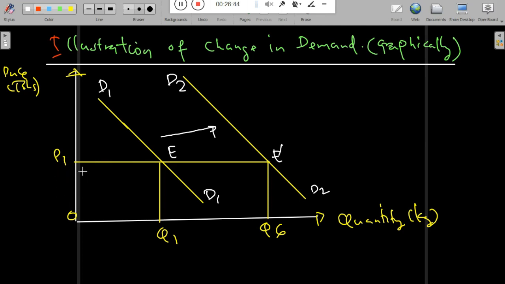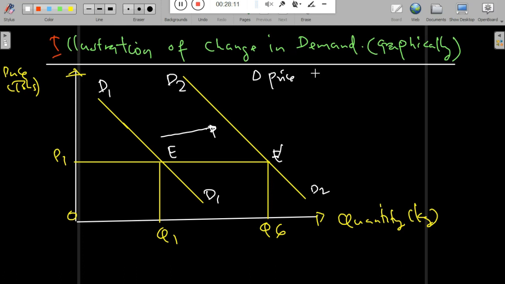What does this mean? Suppose the price is at 0P1 and the quantity demanded is at 0Q1. When income increases, quantity demanded shifts from Q1 to Q6. This diagram shows that when any factor causes a change in demand, the demand curve may shift from D1 to D2, and the output level is also affected by the shift from Q1 to Q6.